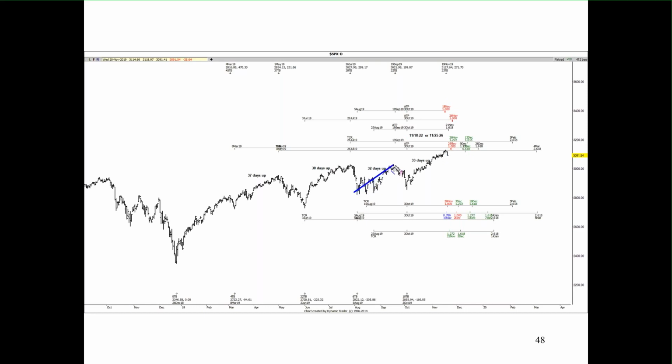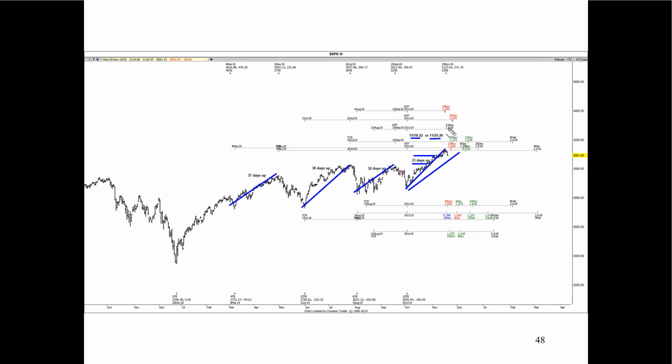You had this low to high swing that was 32 days up. The current low to high swing, 33 days up. That's time symmetry. Now, if it would have gone beyond that, I would have looked at comparing this rally swing to these swings of 37 and 38 days up. Bottom line, I had the coincidence of two different time windows, the 18th through the 27th, and then the 25th, 26th.